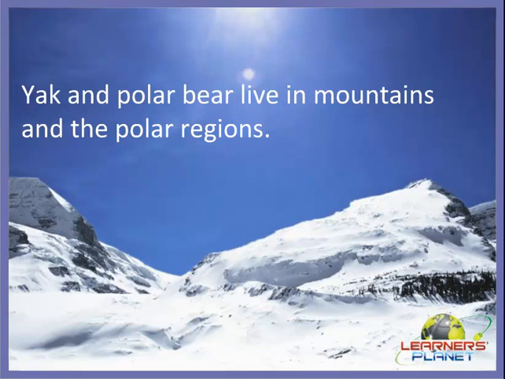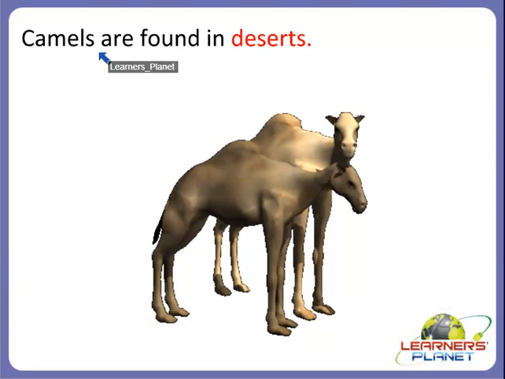And in the same way you can see that camels are found in deserts. So you can see that deserts have a very hot climate, and in the polar regions there is a quite cold atmosphere, right? So yak and polar bear are living in the mountains and the polar regions, and camels are found in the deserts, right?